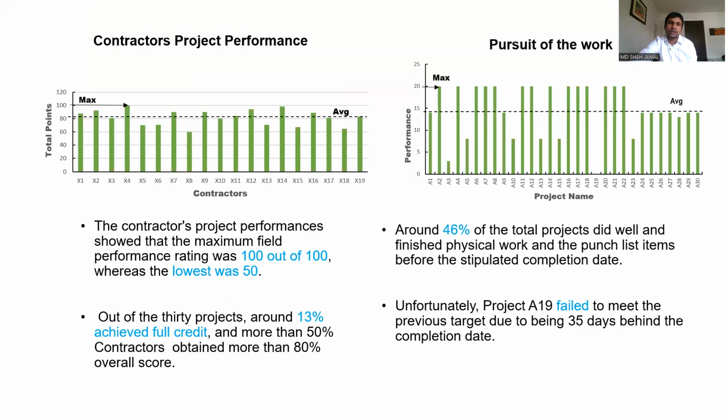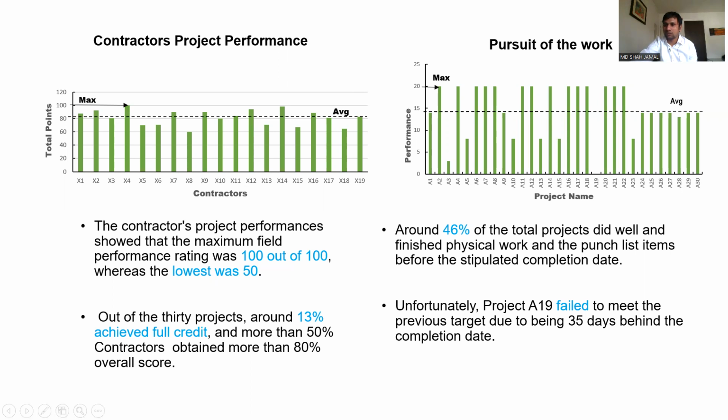We noticed that the maximum field performance rating was 100 out of 100, whereas the lowest was 50. Out of 30 different projects, around 13% achieved full credit, and more than 50% of contractors obtained more than 80% overall score.